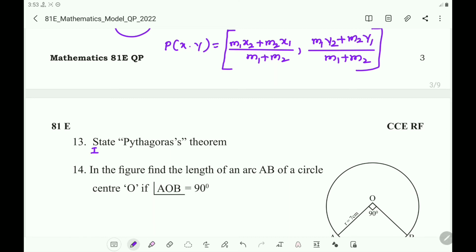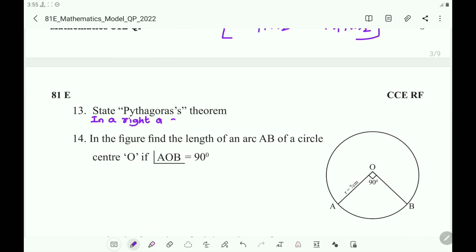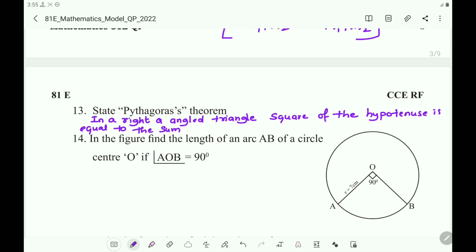Write that: in a right angled triangle, square of the hypotenuse is equal to the sum of the squares of the other two sides. This is the statement of the Pythagoras theorem.